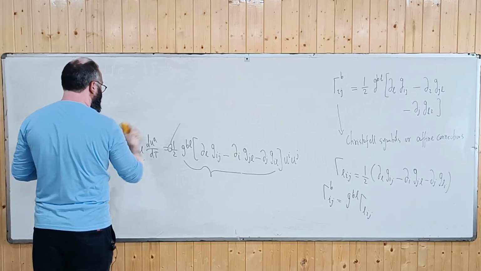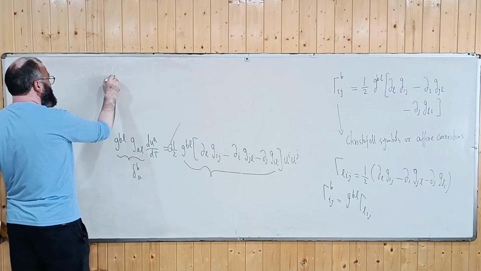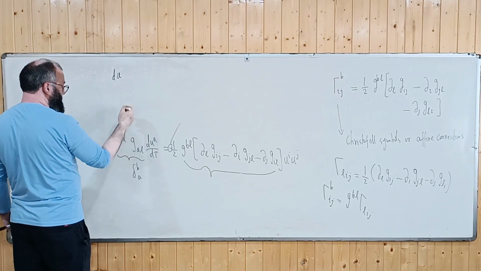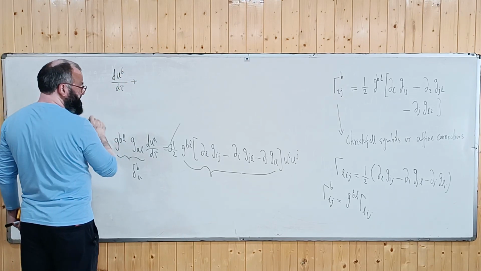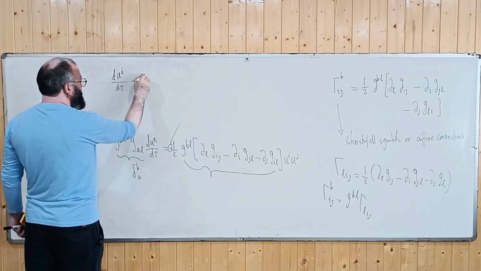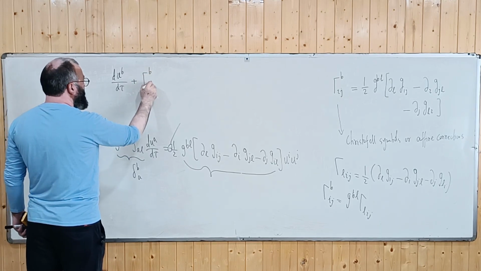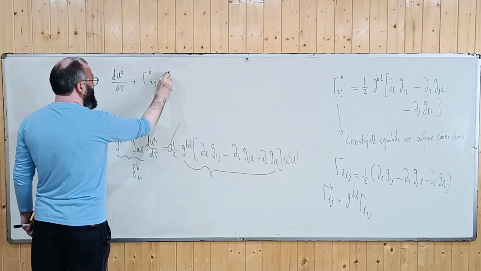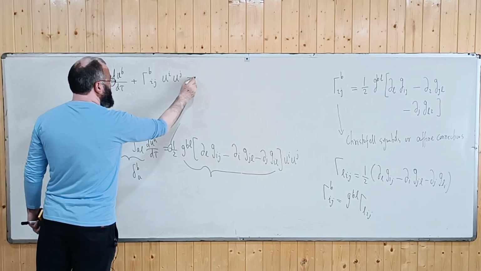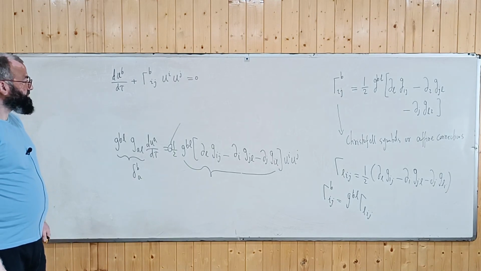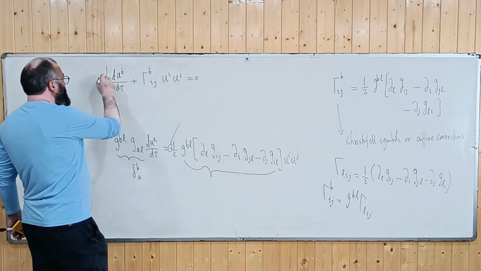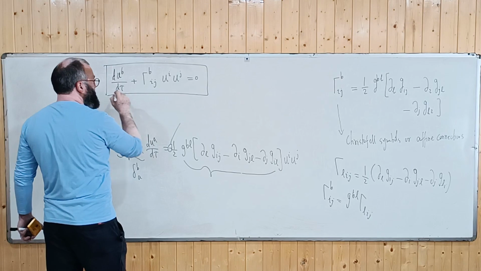We write the geodesic equation as d u by d tau plus, yes, this gamma b i j u i u j is equal to 0. So this is our geodesic equation.